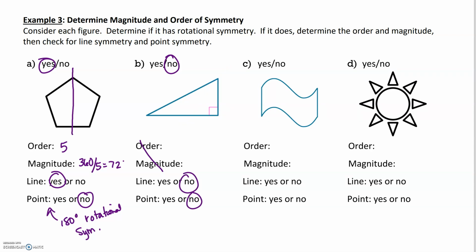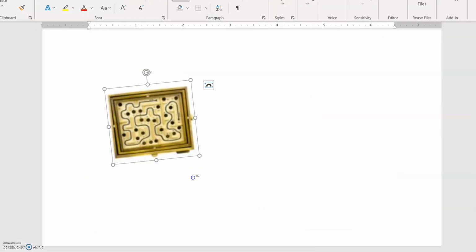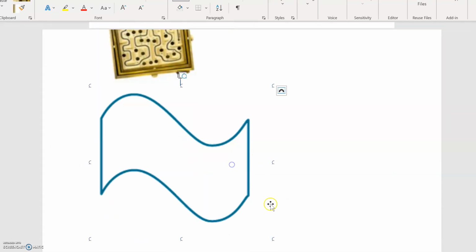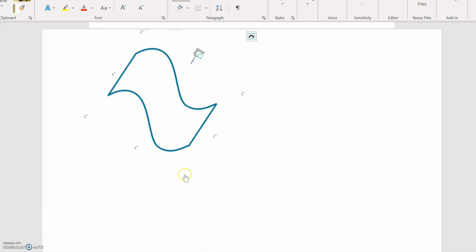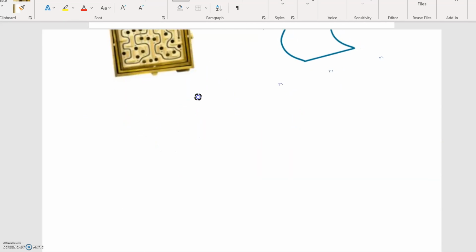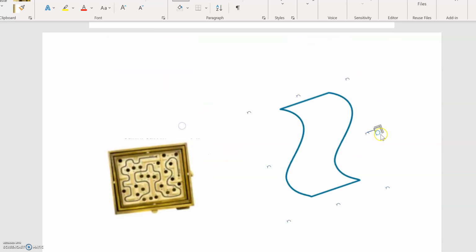All right, this one, you can double check maybe with patty paper, since you don't have Word to turn it around. If I were unsure, I would use my patty paper or some way to help me rotate it. So there's 180, almost. It's not 90.